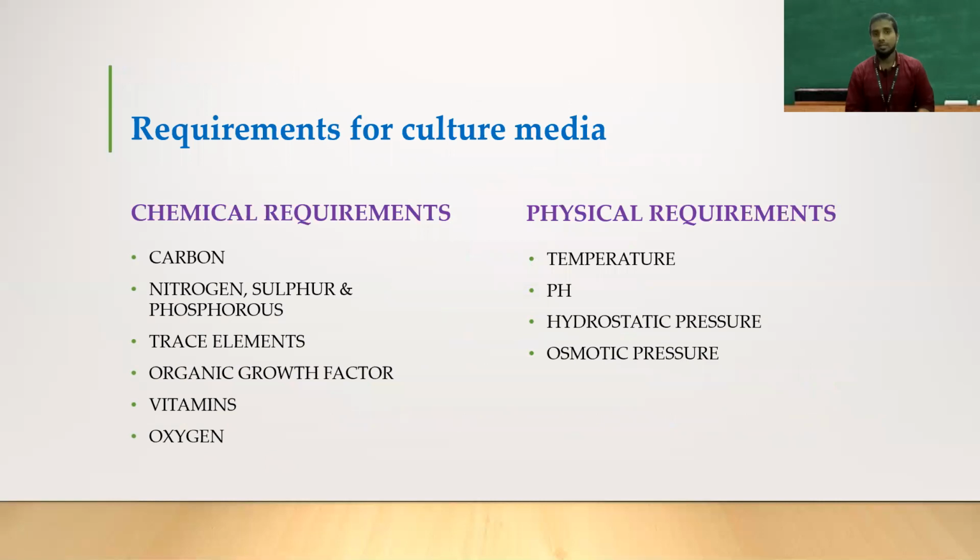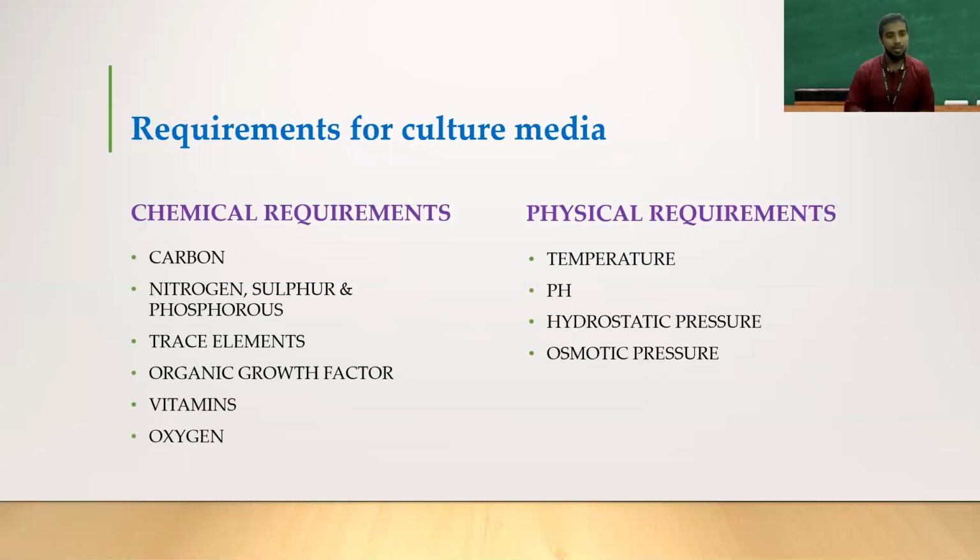As I said in the beginning of the class, we need certain nutrients in order to survive, like proteins, vitamins, minerals, isn't it? Similarly, microorganisms need certain things in order to survive. It can be chemical requirements and physical requirements.